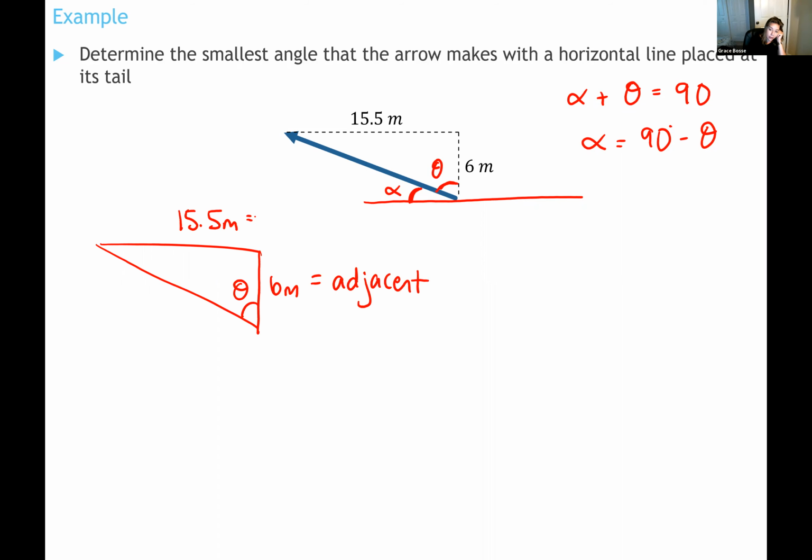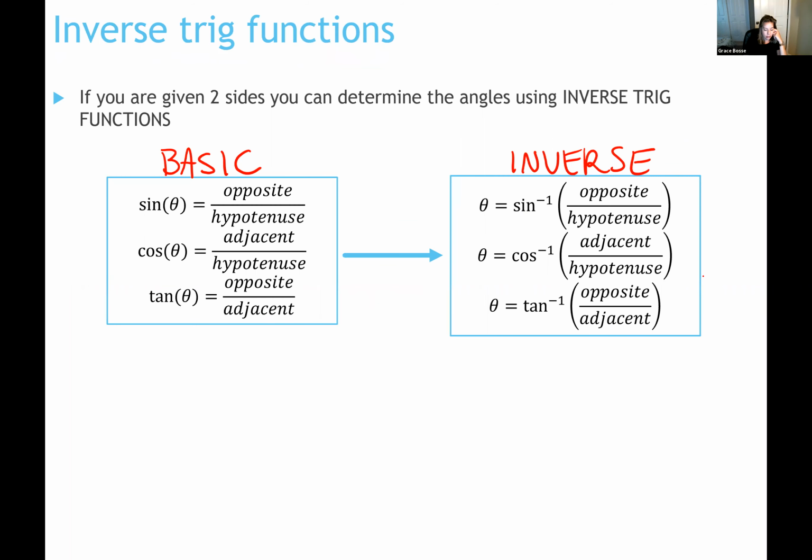And the horizontal side, that would be my opposite. Okay, so I need the angle. I know the opposite and the adjacent. If you go back to our inverse trig functions, I have the opposite, I have the adjacent, I need an angle. I think the inverse tangent function is what will be very useful here.